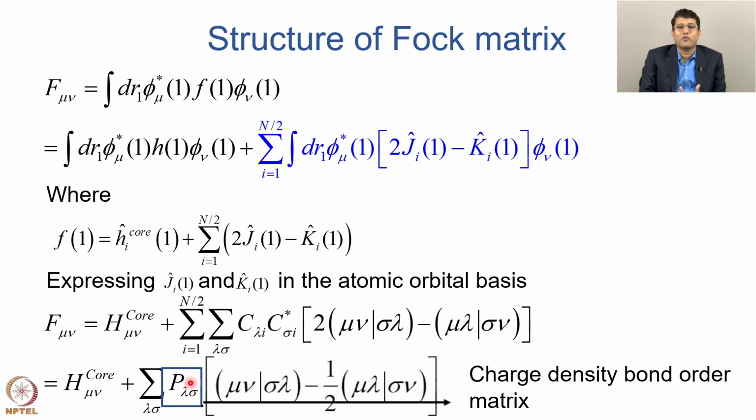When I start the Hartree-Fock procedure, and we'll see a flow chart of how it works, you can take this charge density bond order matrix to be 0, and that is famously called the H core guess. So I take the Fock matrix as H core, diagonalize it, and get some set of coefficients. From those coefficients, I construct P, the charge density bond order matrix.